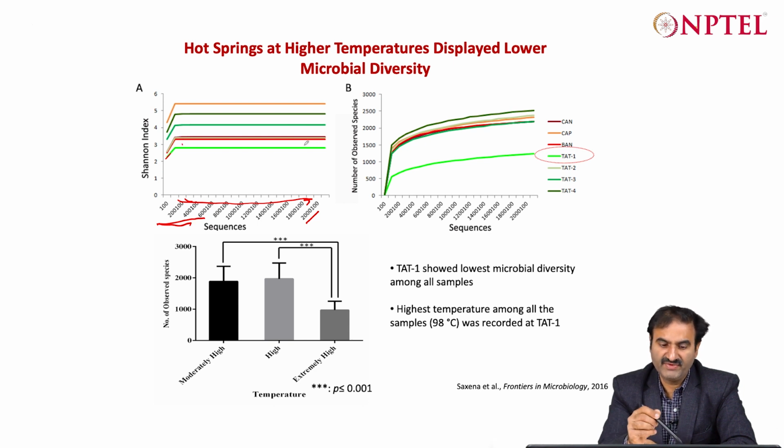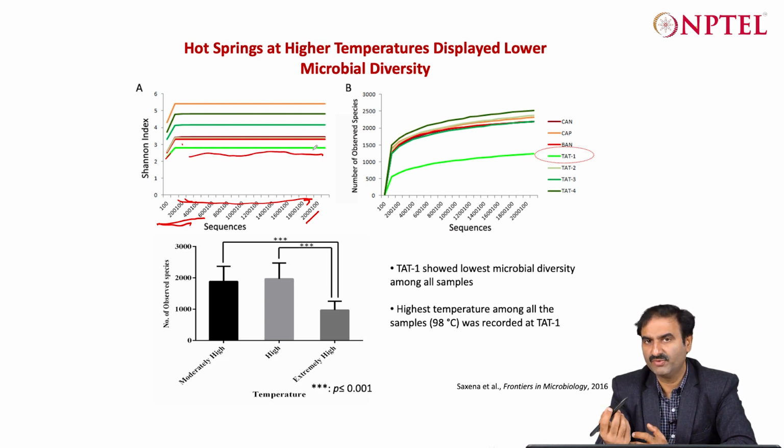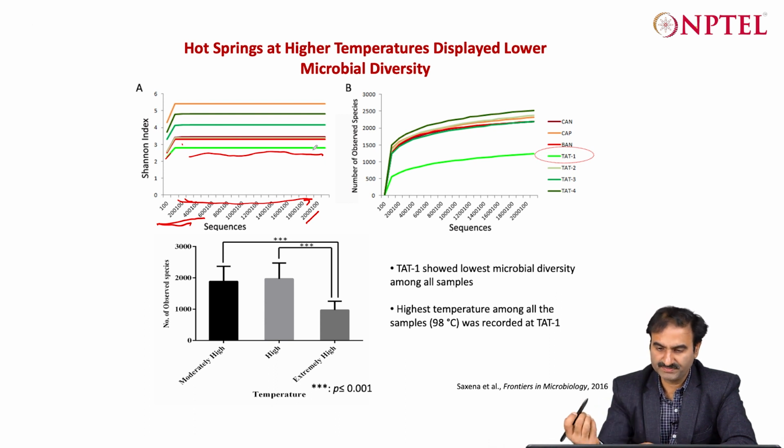That means even if you do more and more sequencing, there is very little or no chance that you will add a new species here. The diversity will remain almost the same, so you will not be able to identify more.